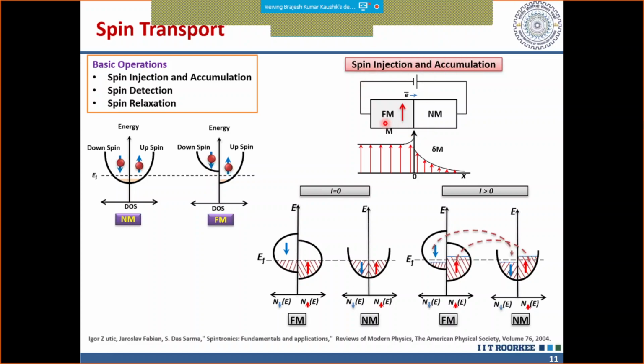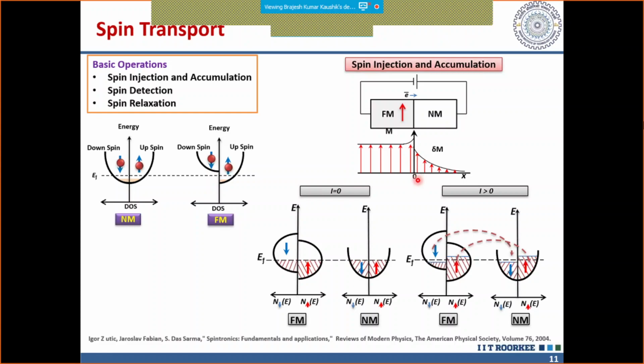You have a ferromagnetic layer on this side, which has in total some up spin, and a non-magnetic layer on this side. Now, when you apply sufficient voltage across it, and you try to see the current that can flow through it, what you'll observe is the electron current, which has equal spin up and spin down, will be filtered by this ferromagnetic layer, and it will pass on to this non-magnetic layer this way, right?